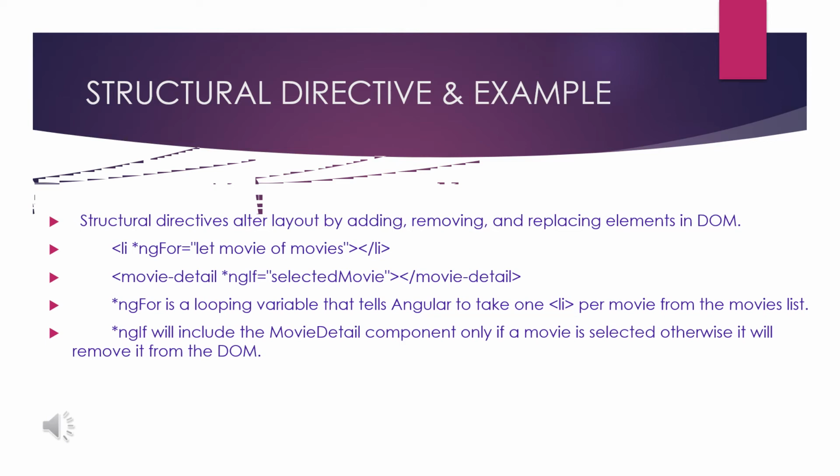See, for the first example we are saying li *ngFor equal to let movie of movies. So it will be printed as a list. Movies is a collection which contains many movies. So we have a movie object of this movies collection.